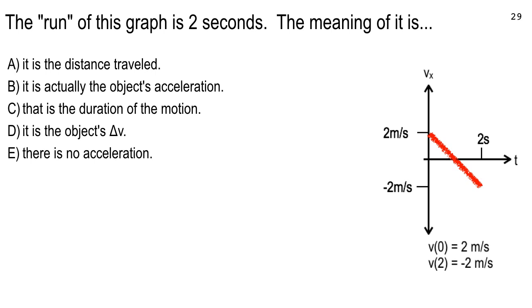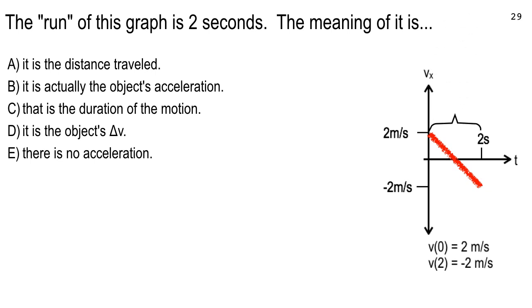Ten, 9, 8, 7, 6, 5, 4, 3, 2, 1. This is good. 86 answers. Very nice. Okay, now 60% of you answered correctly on this problem. Here's the run.